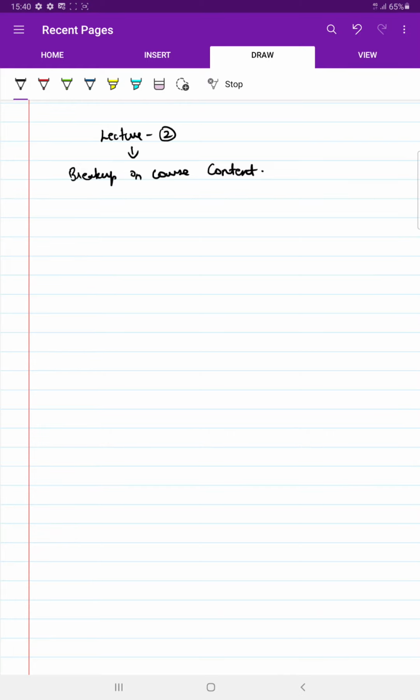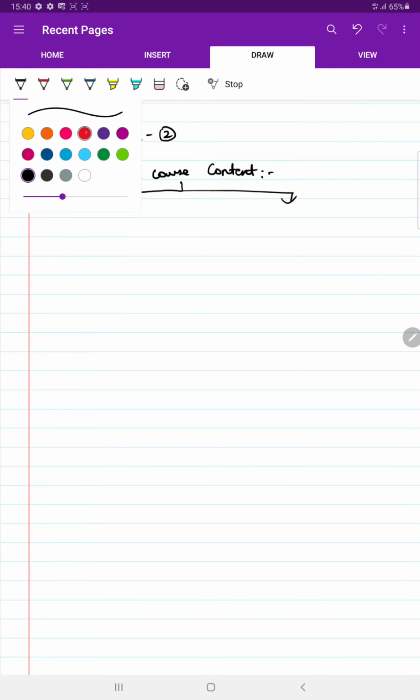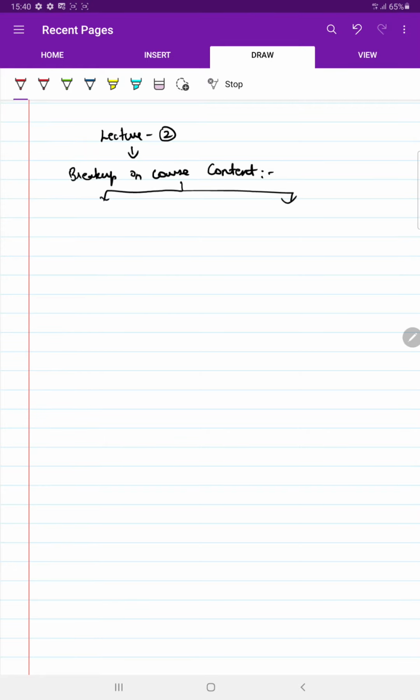Not to waste much time, we'll start with the breakup of course content topic, where I will be dividing into two. There will be a flow chart here also. The heading for the flow chart is very simple: pure theory plus practical.